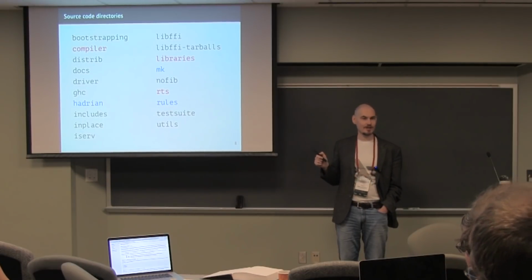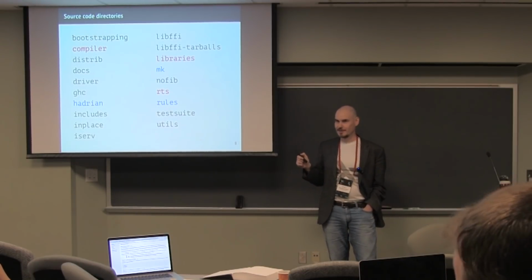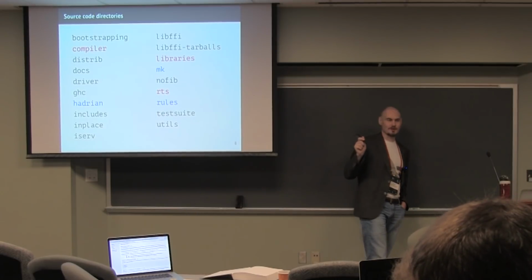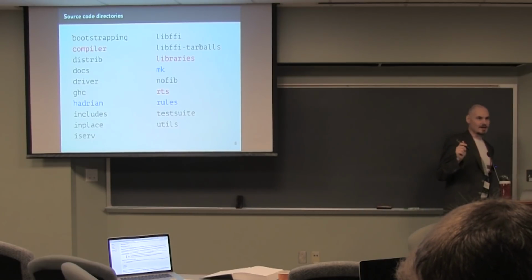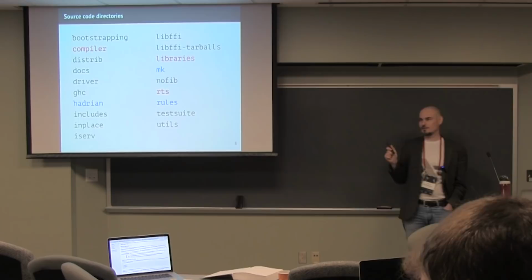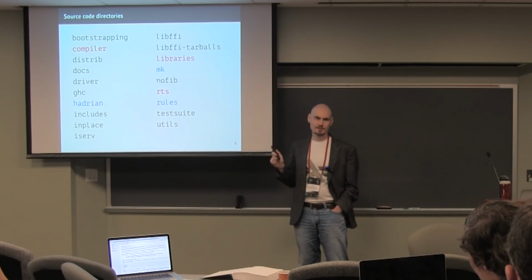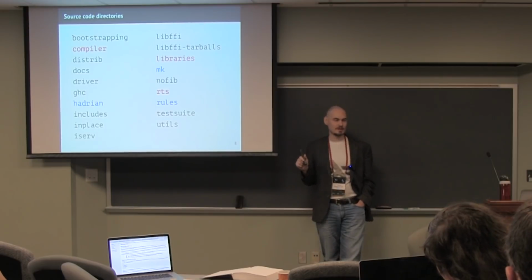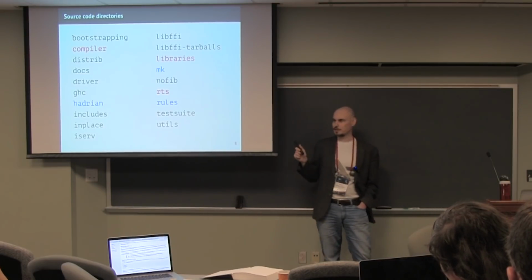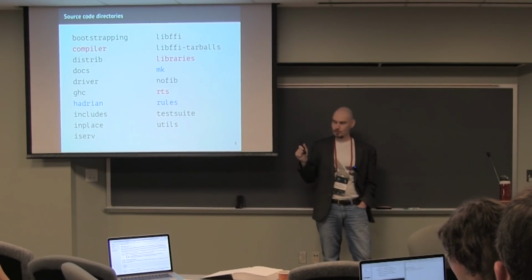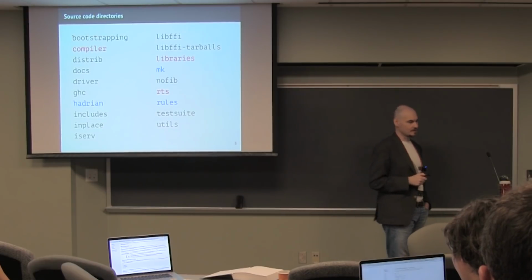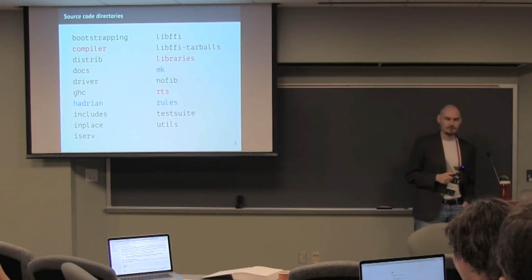Yeah, it's exactly the directory for C headers. These headers, they have lots of them. This is because the runtime system is implemented mostly in the C language. That's why you will need many C headers there, so we should have them in this directory too.